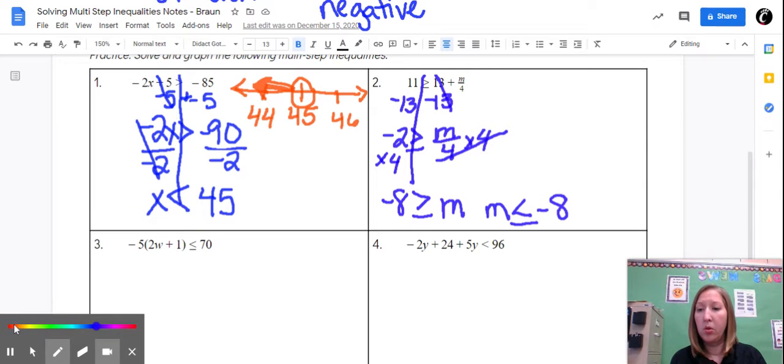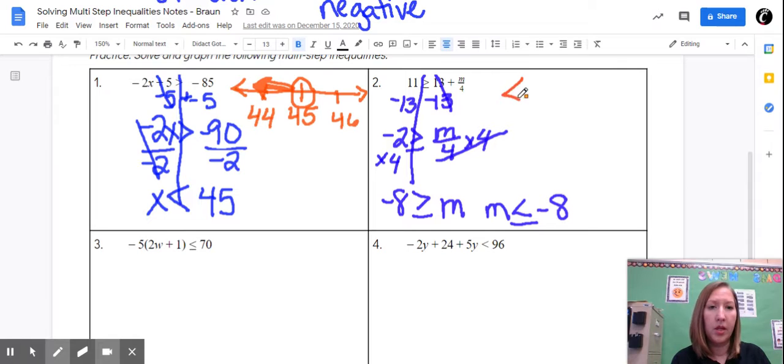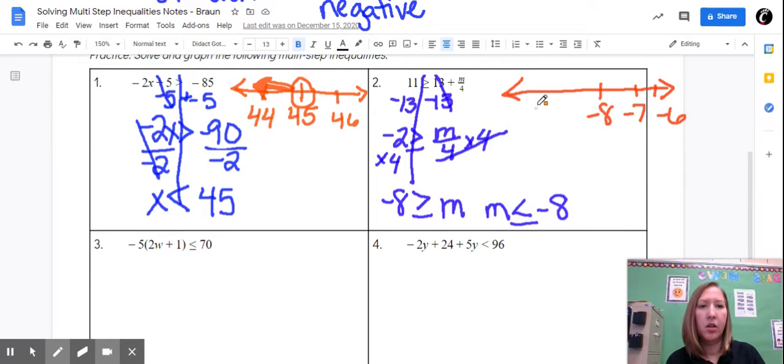Again, I want to graph my inequality. So I'm going to draw my number line. And I want to make sure, again, that my negative 8 is in here kind of in the middle. So I'm going to add a couple more numbers on here to show that.